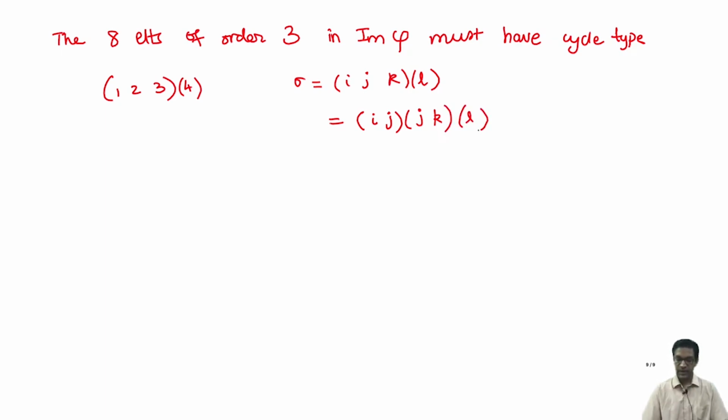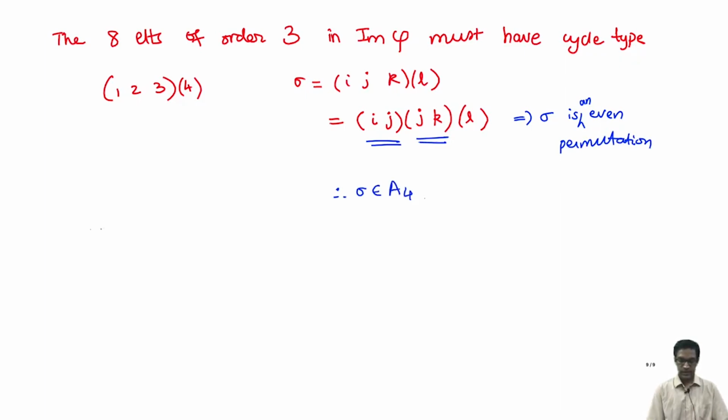So observe, when I write sigma as a product of transpositions, I get exactly 2 transpositions, (I J) and (J K). Okay, and so sigma is an even permutation. In other words, it belongs to A4. Therefore sigma belongs to A4.